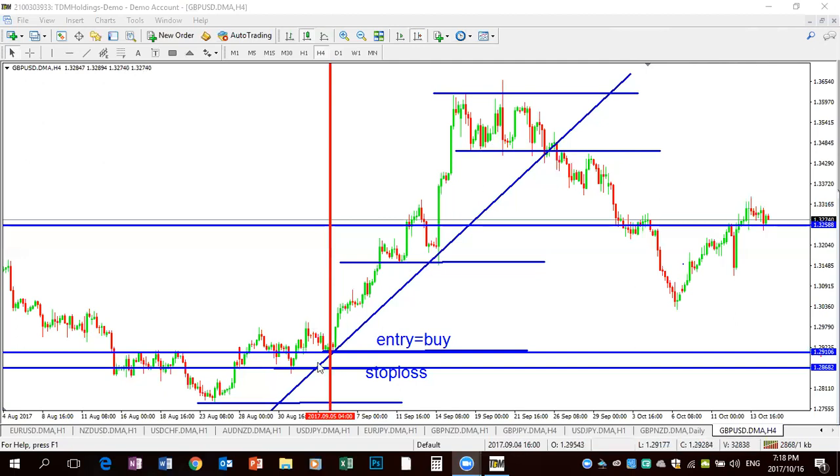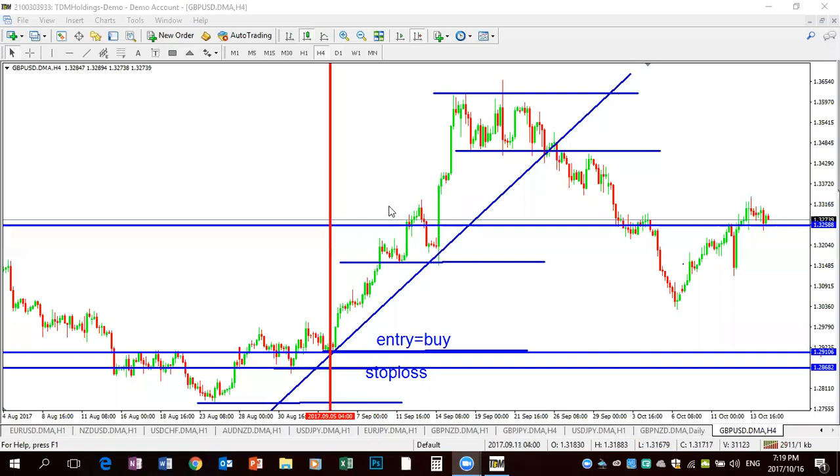The first thing that we did, we checked the trend and we saw that it was an uptrend and we wanted to buy. We identified the point where we wanted to buy, where to put our stop loss, and the place where to take our profit.